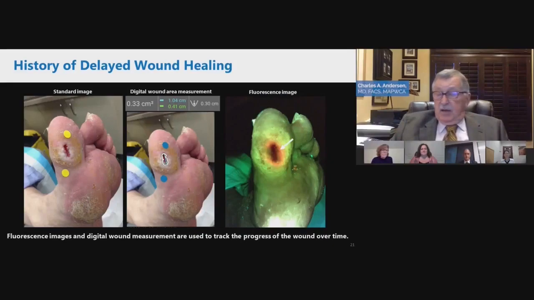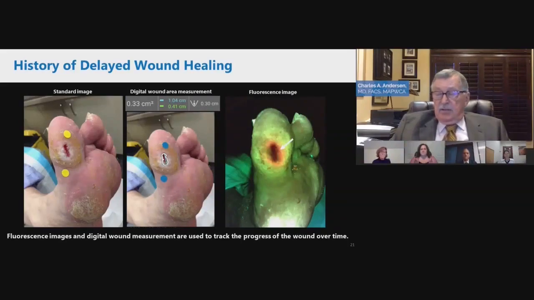In this particular series of pictures on this slide, this is a wound that had a history. I'm part of a limb preservation clinic, and this wound had a history of delayed healing, just wasn't healing. So when you see the last picture on that slide, you see there's significant fluorescence. Many times, as was the case here, when you debride the callus, you actually see more fluorescence under that callus.